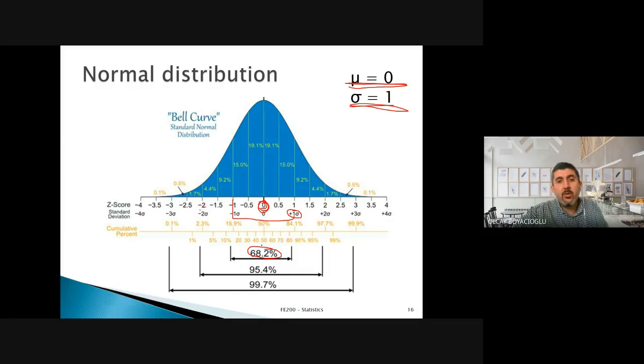And if you go 2 standard deviations to the negative side and 2 standard deviations to the positive side, then that area covers 95.4% of the entire numbers. And again, if you go 3 standard deviations to the negative side and 3 standard deviations to the positive side, you get to cover almost every single data point in the distribution, 99.7%.